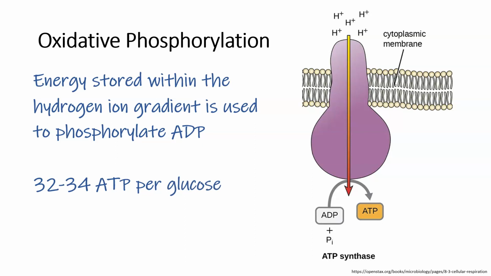Remember, you had 2 ATP that were made in glycolysis and 2 ATP that were made in the Krebs cycle. Again, remember that was substrate level phosphorylation. So here you can see you get a whole lot more ATP through the second half of this process, through the reduction of oxygen and the building of this hydrogen ion gradient.